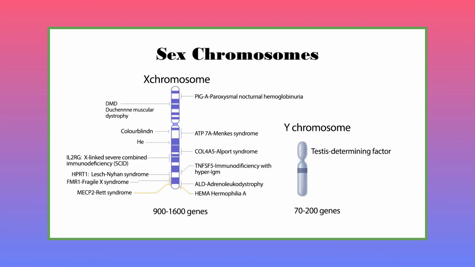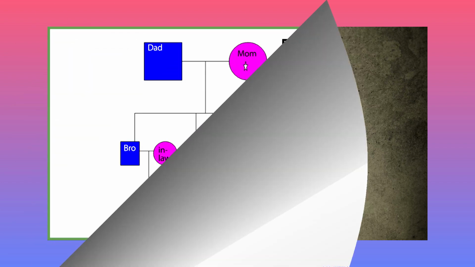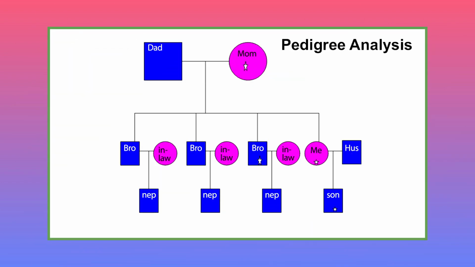The pattern of inheritance of Mendelian traits depends on whether the traits are controlled by genes on autosomes or by genes on sex chromosomes. Two tools for studying inheritance are pedigree analysis and Punnett squares. A pedigree is a chart that shows how a trait is passed from one generation to the next within a family.